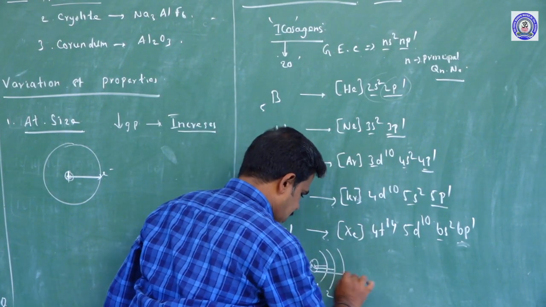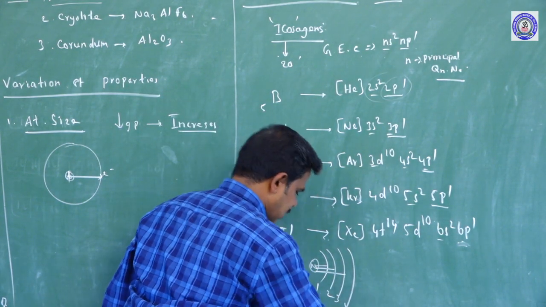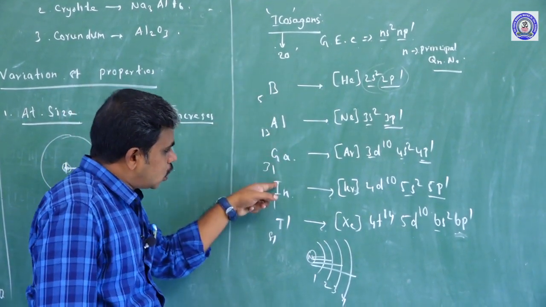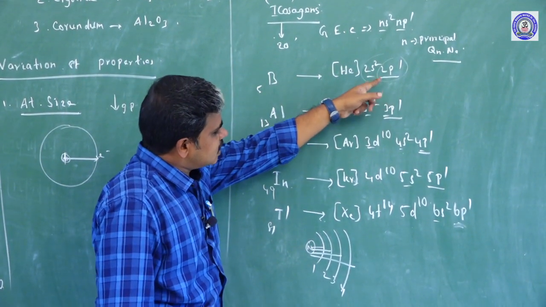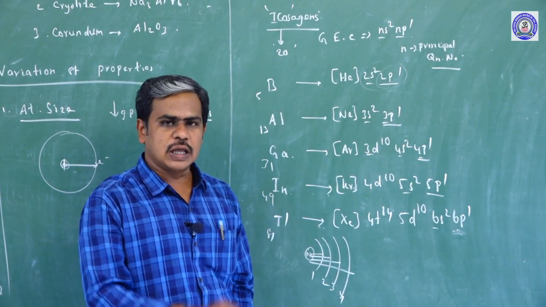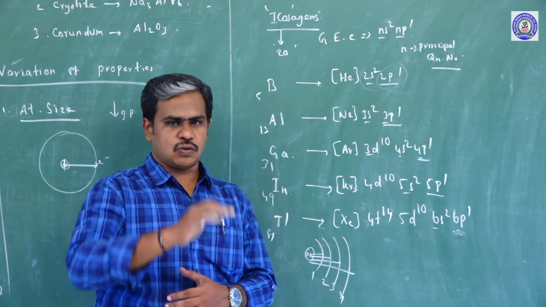Then the third orbit, the distance increases, and the fourth orbit. So down the group, additive electrons are added to the next electronic level, so atomic size generally increases down the group.